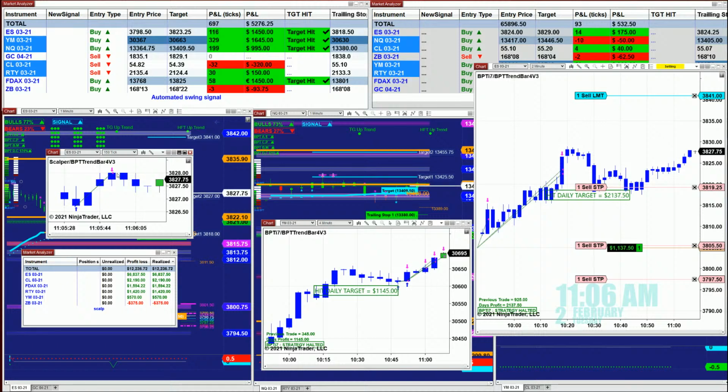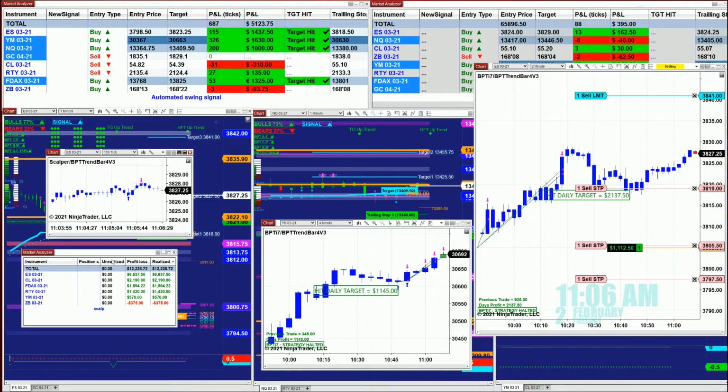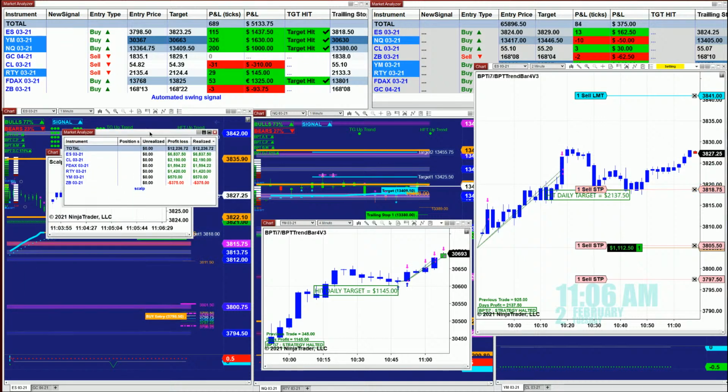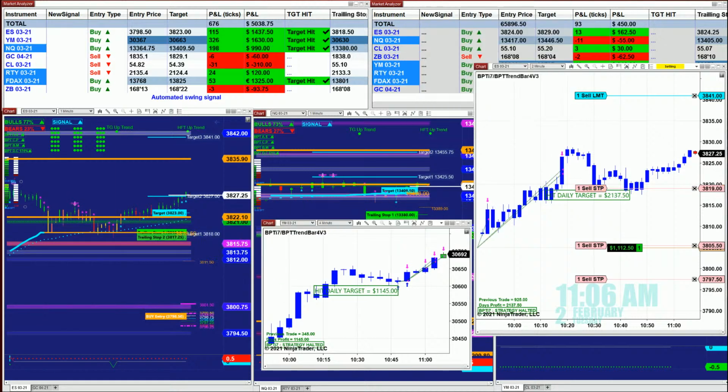It is on full automatic, and I took it on the last trade, and we'll see if there are any new trades on the scalper. 150 ticks, that will be lovely. When I see a new trade on the scalper, I'll let you know.